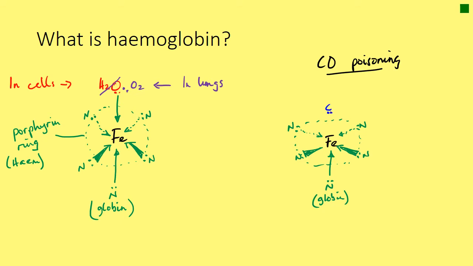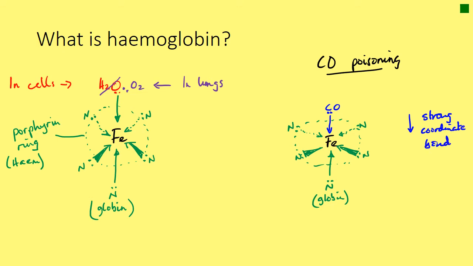So carbon has got a lone pair and it's got its oxygen, and that forms a very strong bond with our iron. And because that bond is so strong, I'll write that out just so you remember it. Strong coordinate bond.